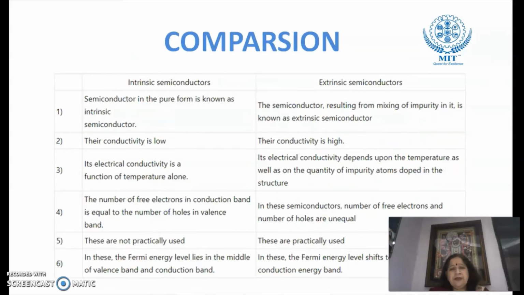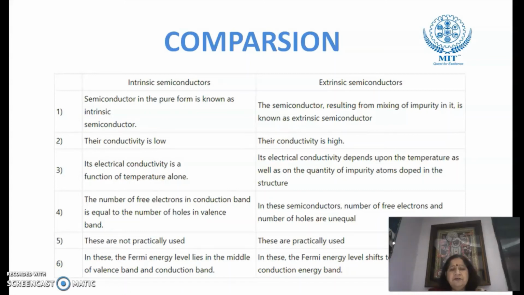This is a small comparison between intrinsic and extrinsic semiconductors. Semiconductors in the purest form are known as intrinsic semiconductors, and those created by mixing of impurities are called extrinsic semiconductors. The conductivity of intrinsic semiconductors is low, whereas the conductivity is quite high in extrinsic semiconductors.